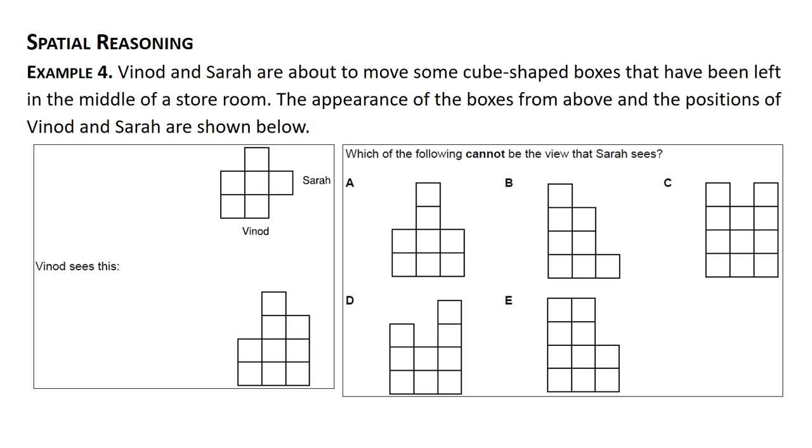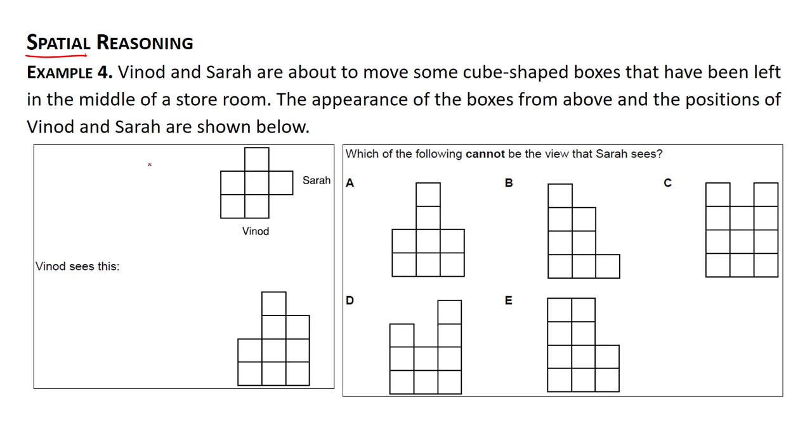And the last skill that we will learn today is spatial reasoning, which is mostly about visualization. Vinod and Sarah are about to move some cube-shaped boxes that have been left in the middle of a storeroom. The appearance of the boxes from above and the positions of Vinod and Sarah are shown below.